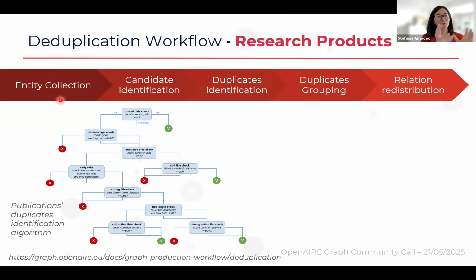This means we identify what are the publications, the software, the datasets, the sources of data, the organizations, and why? Because the subsequent identification of duplicates will be done only between records of the same type. So for example, a publication and a software could never be considered or evaluated for possible duplication. Those would be separate records.